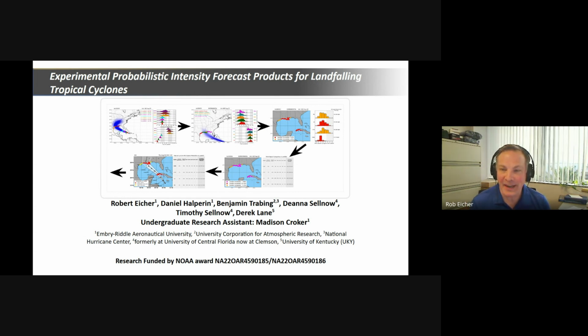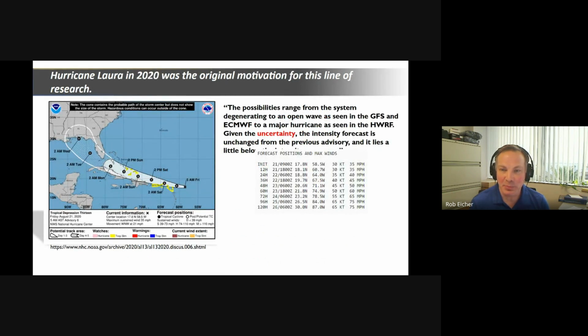Go back in time before this was even a JTTI project. It actually began with a conversation I had with my colleague Dan after Hurricane Laura in 2020. Initial forecasts showed it would be a 75-mile-per-hour hurricane in about 120 hours, somewhere near the northern Gulf Coast, as you probably remember. But if you read the forecast discussion, then you would have seen that the possibilities were all over the place, from it completely degenerating to being one of the major hurricanes.